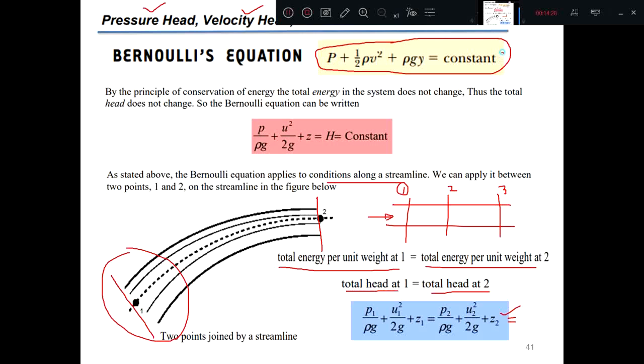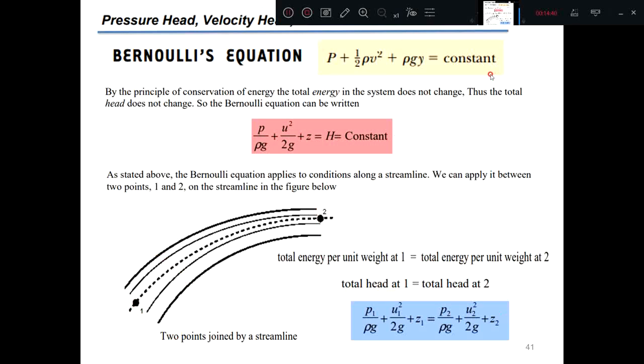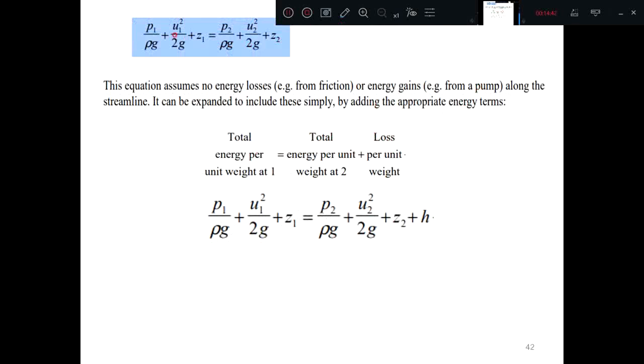This other equation will be the total energy per unit weight. Just rearrange the terms and you will get the per unit weight. This is per unit volume. Here, as I applied at those 2 points, this is the equation we get finally.